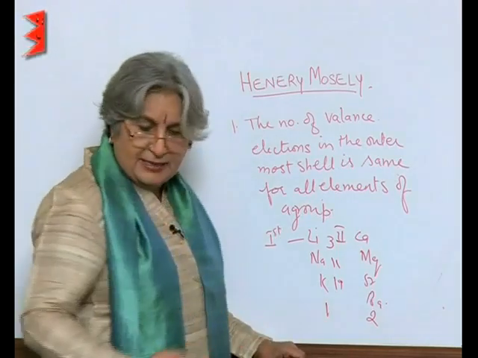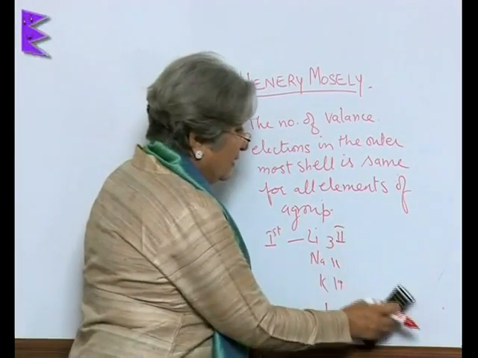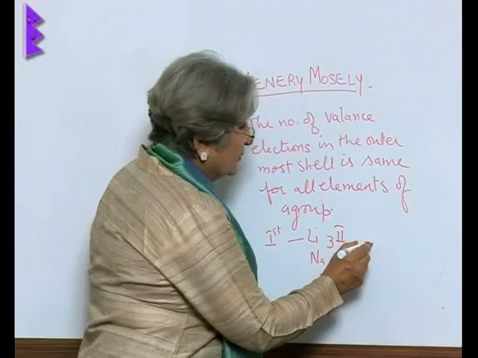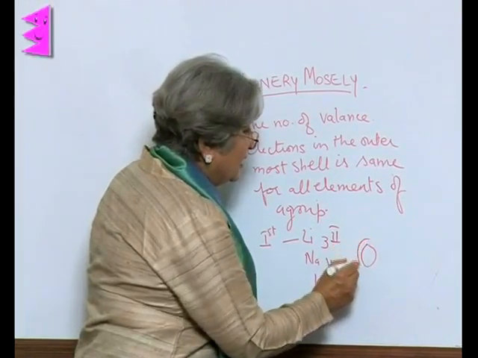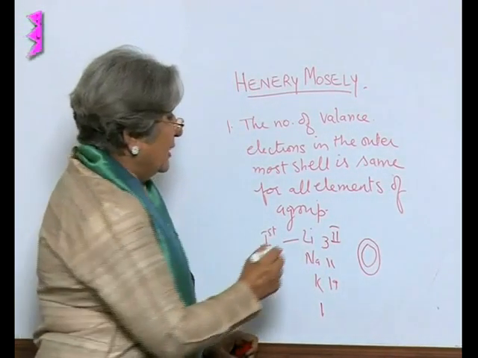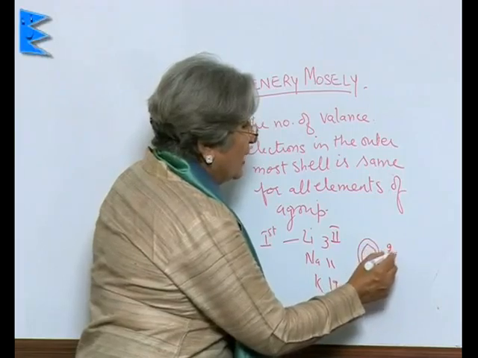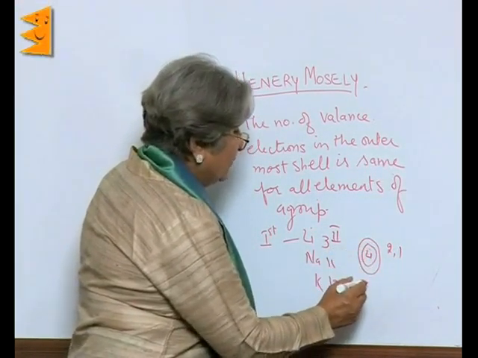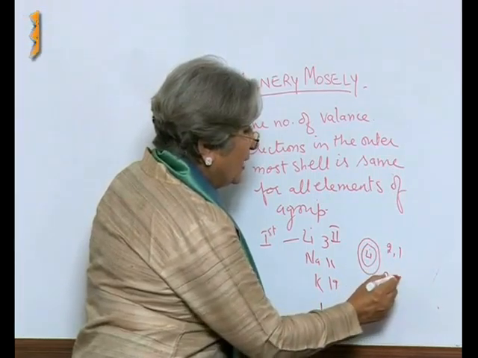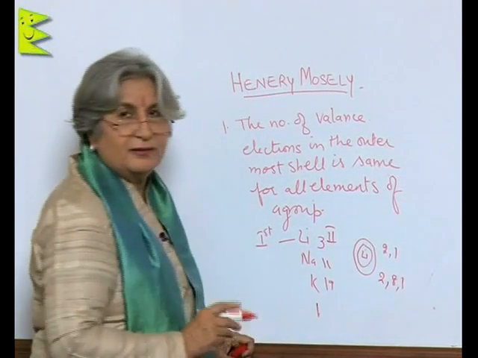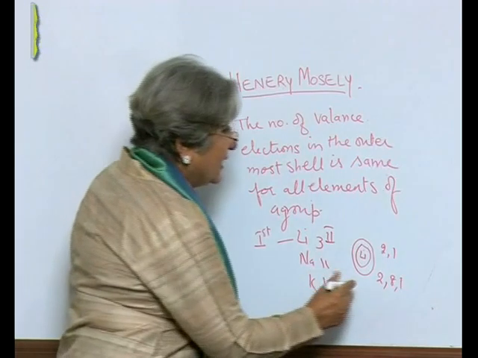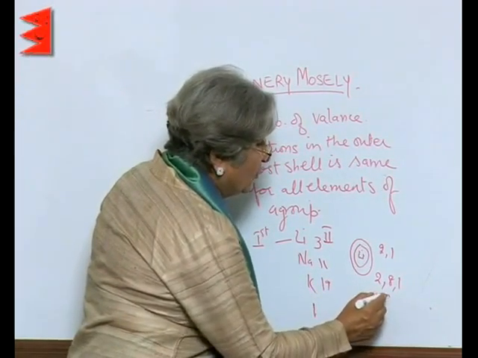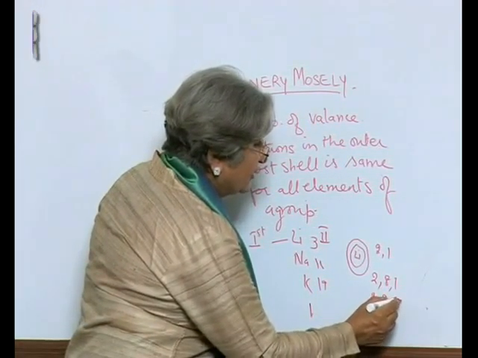So, obviously, in the case of lithium there will be 2 shells K and L, arrangement will be 2 and 1. In the case of sodium it will be 2, 8 and 1, shells are 3. In the case of potassium it will be 2, 8, 8, 1.